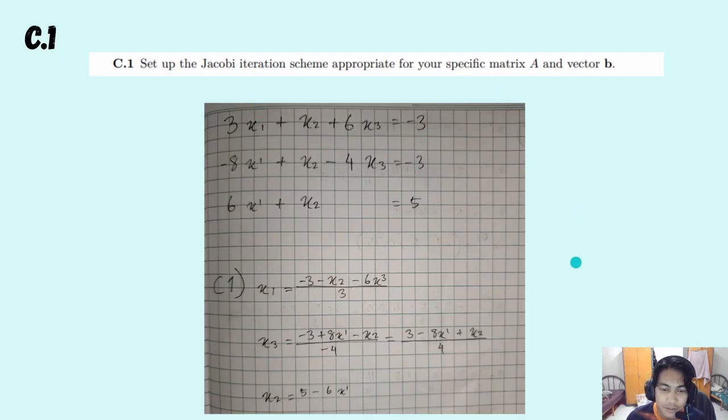First, we need to rearrange each variable so it can be expressed explicitly. For x1, we use the first equation.